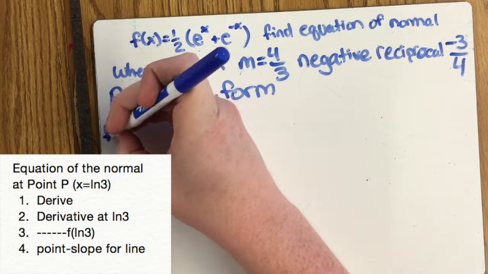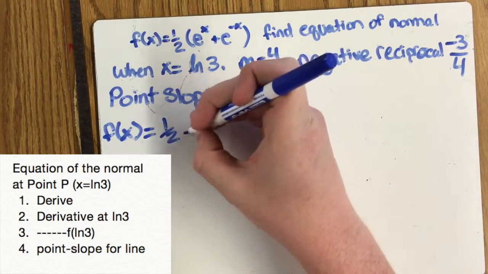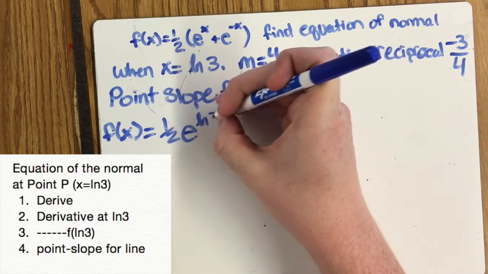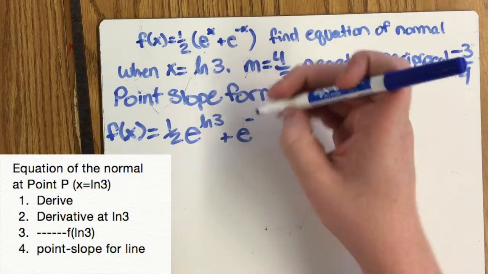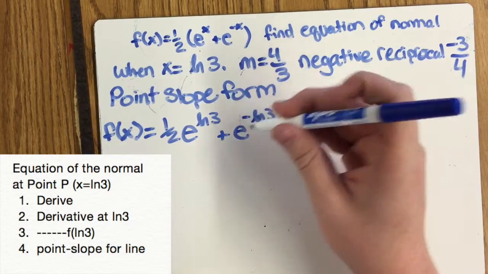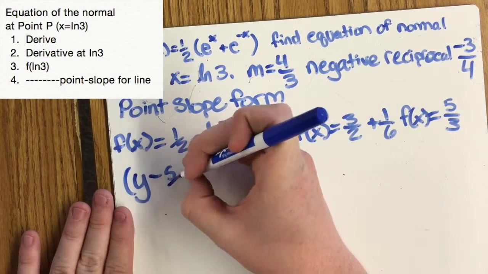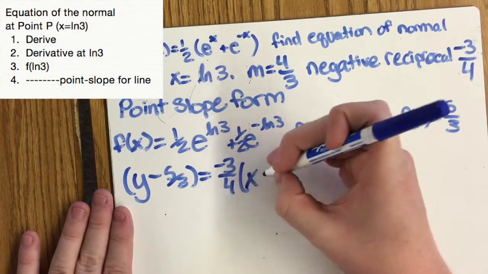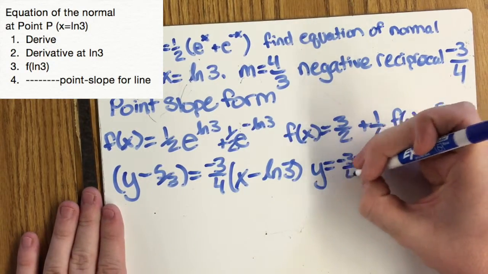So we take y minus our y value, which we find by plugging into the original equation, and then that is equal to our slope, which is negative 3/4, times x minus our x value, which is x minus the ln of 3.